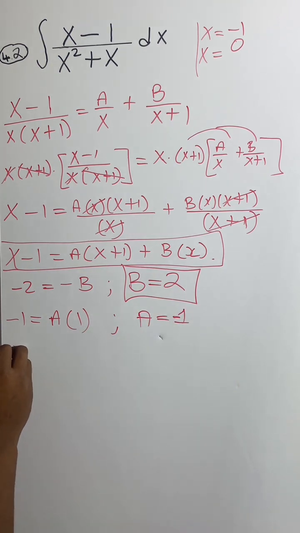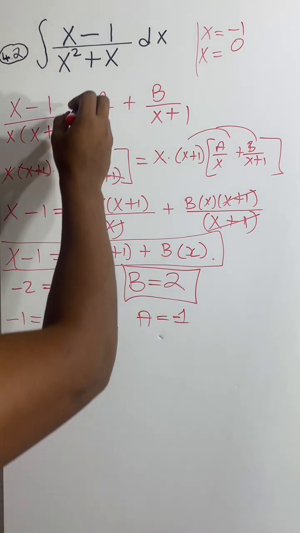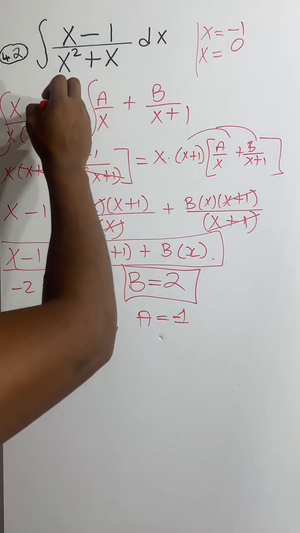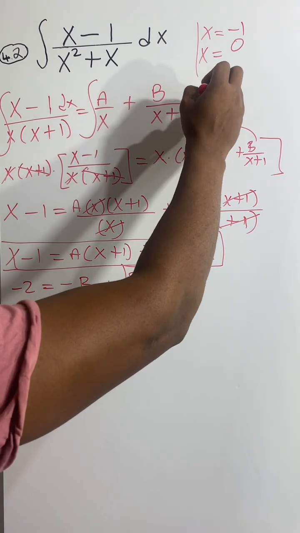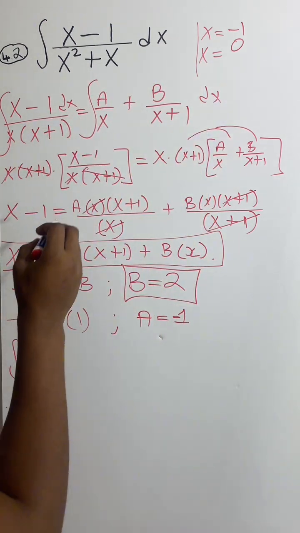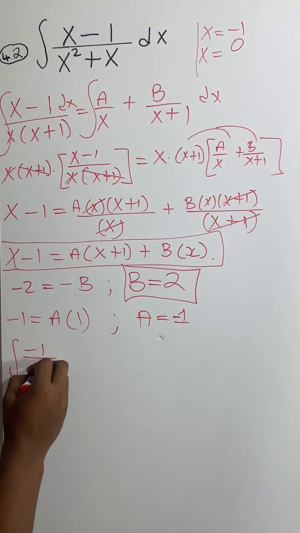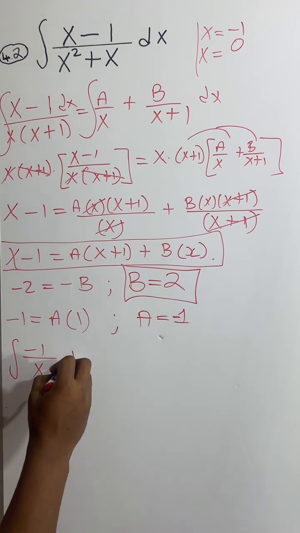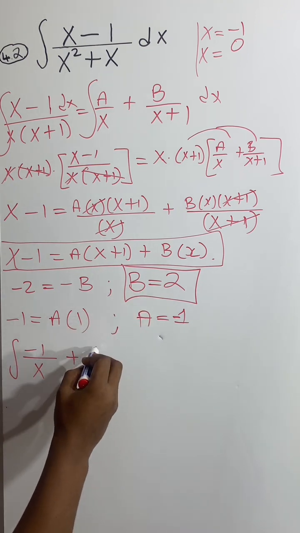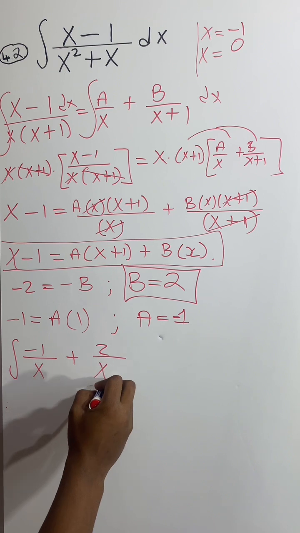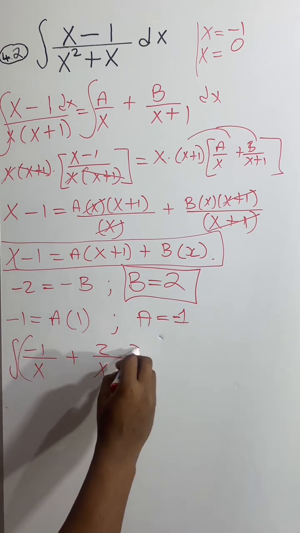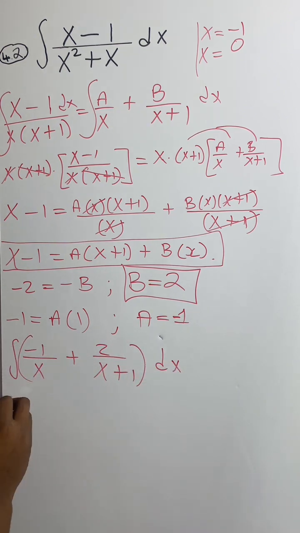So our integral, a, we said, is equal to -1 over x plus b, which is equal to 2 over x plus 1 dx.